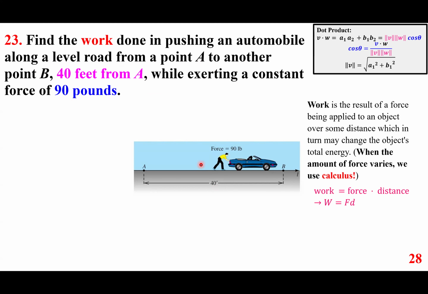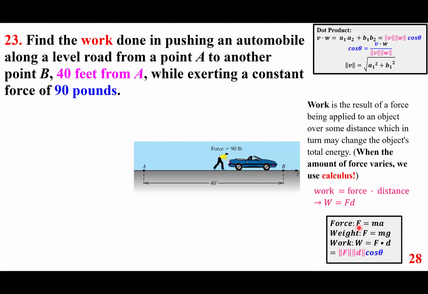So let's remind everybody something basic in physics. Work is the result of a force being applied to an object over some distance, which in turn may change the object's total energy. When the amount of force varies, we use calculus. Otherwise, work is force dot distance, F dot D, and if it's in the same direction, just the product.